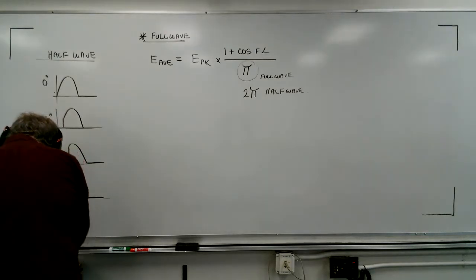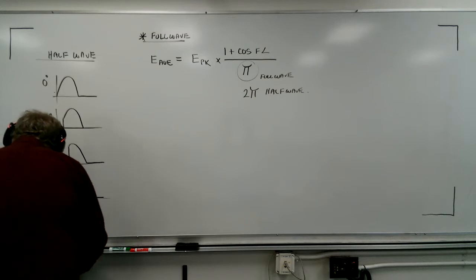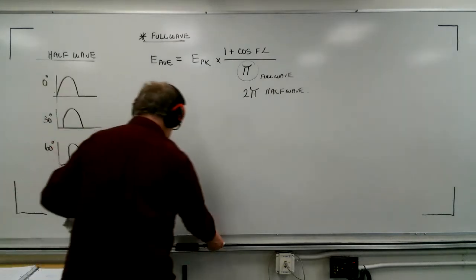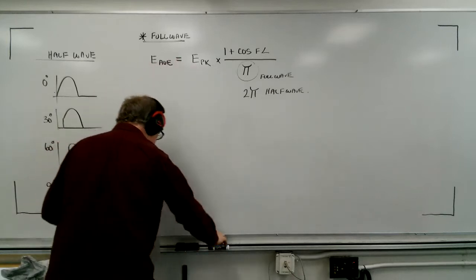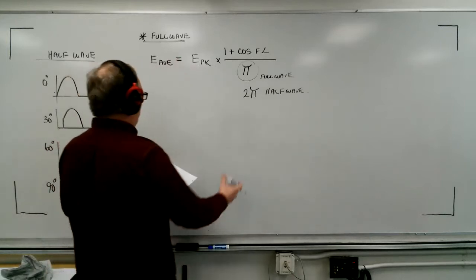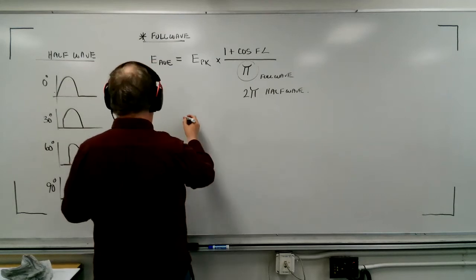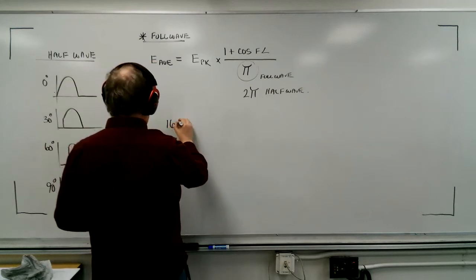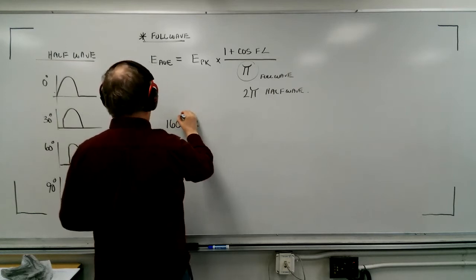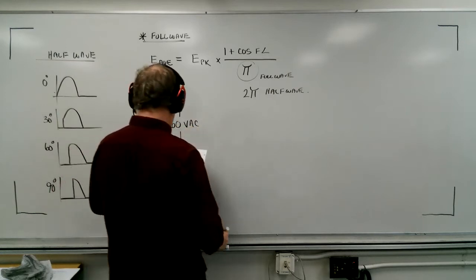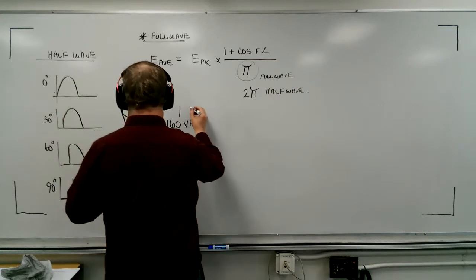So I am going to do an example, and this is how it actually looks. I'm going to put the circuit just below the formula here, and then we can work with it in that way. Now, I'm going to start with a line of 160 volts AC, and I'm going to move across.